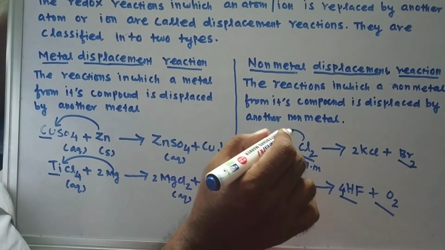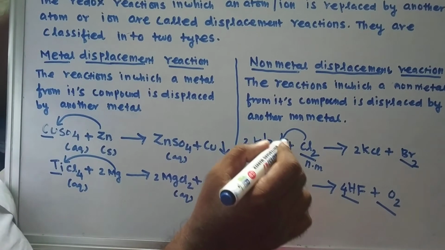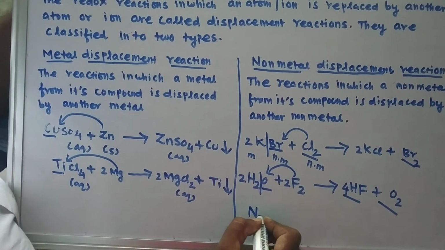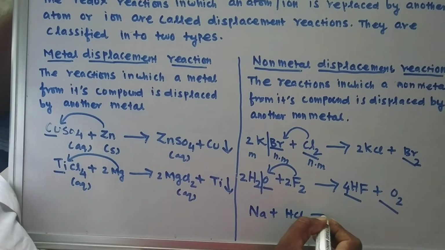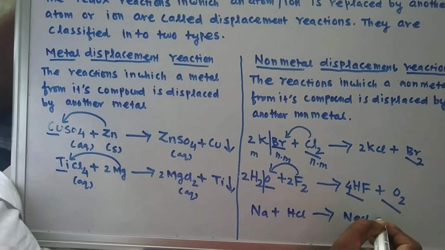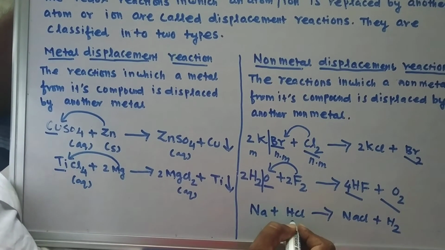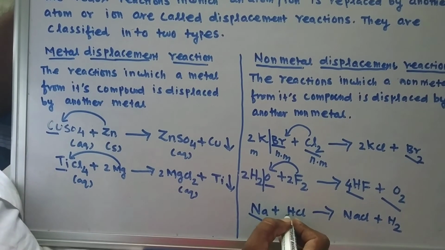Also all hydrogen displacement reactions by metals are called non-metal displacement reactions. For example, when a piece of sodium is added to hydrochloric acid, there is a violent reaction. As a result it forms NaCl and hydrogen is replaced. Here sodium replaces the hydrogen atom.